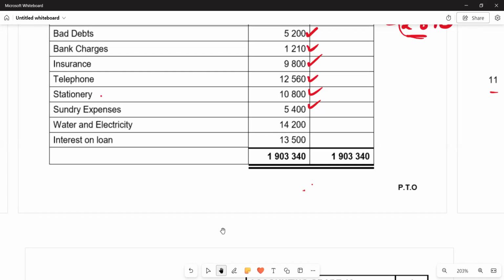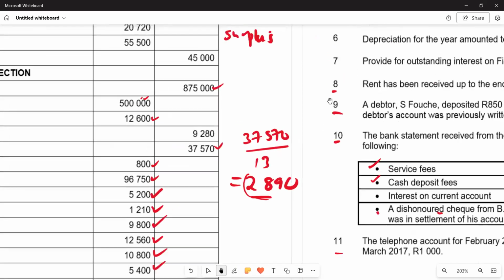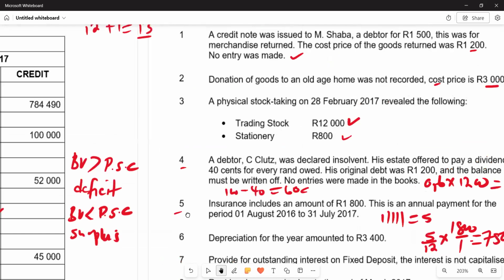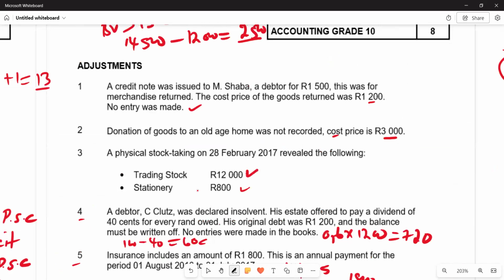Then we also go to additional information to find other expenses that we did not capture from the question. So we go additional information by additional information to see if you've got any expenses that are only mentioned in additional information that are not there in the trial balance. We go item by item again. We've got number 2, donation of goods to an old age home was not recorded.